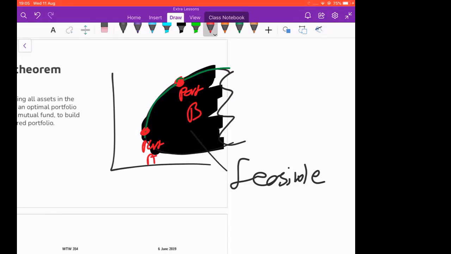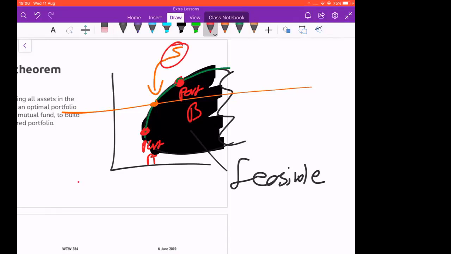So when you have two portfolios which are on the efficient frontier, to find any other portfolio, let's just say maybe you're looking for this portfolio over here, to find any other efficient portfolio, you simply have to combine these two portfolios. You can find the portfolio as a linear combination of the two portfolios.